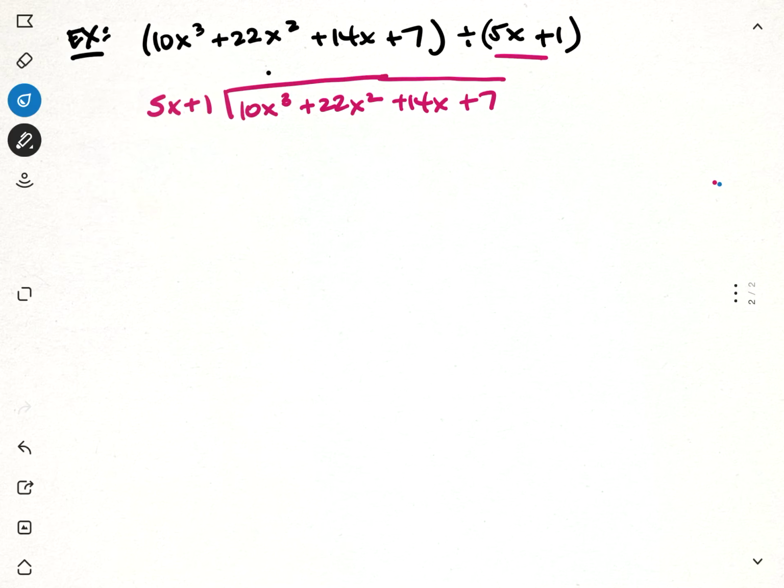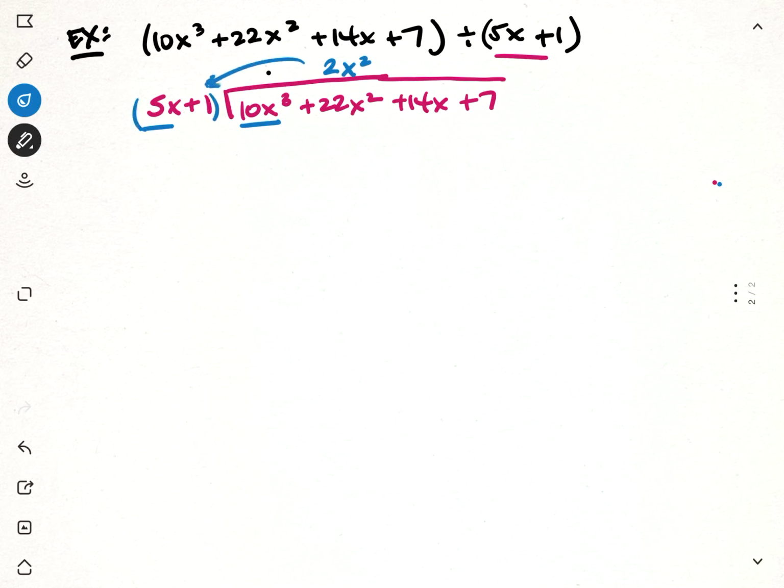Let's do this all in blue from here on out. Okay, so we're looking at the first term, 5x. What multiplies by 5x to get 10x cubed? 2x squared times 5x gives us 10x cubed, so we're going to put 2x squared up there.